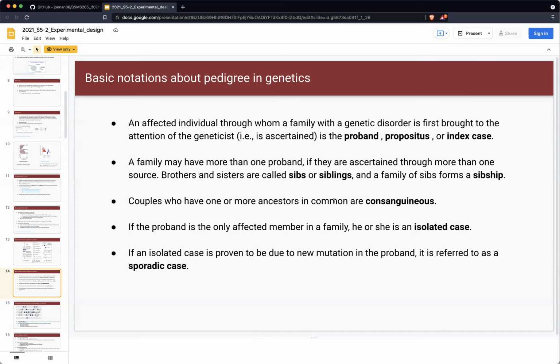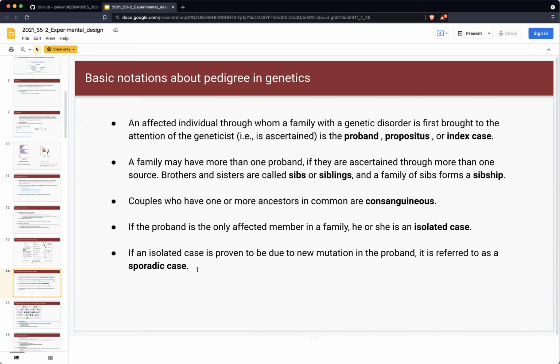So that describes cousin marriage. If the proband is the only affected member in the family, then we can say isolated case, or it is also called a sporadic case. This is more frequently used these days because it describes the same situation, but we know the obvious cause, like a mutation in the proband.